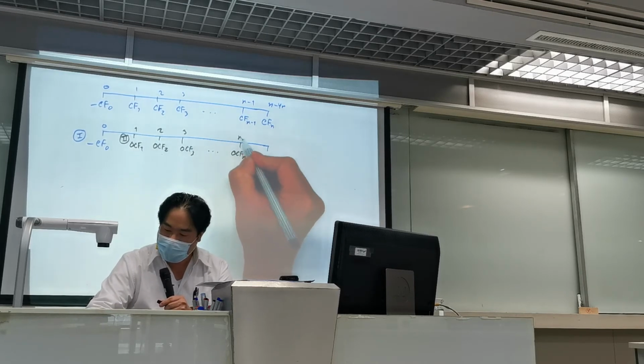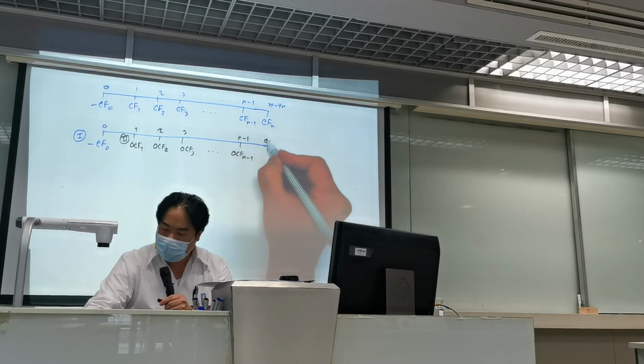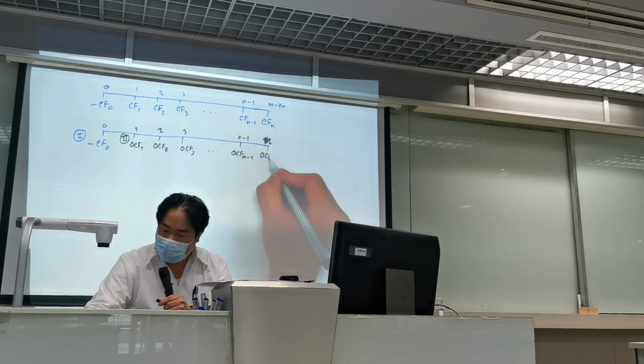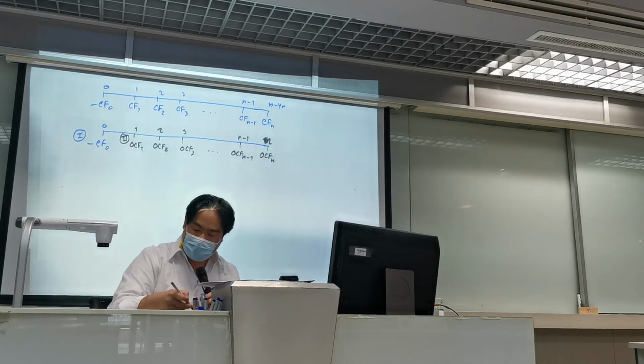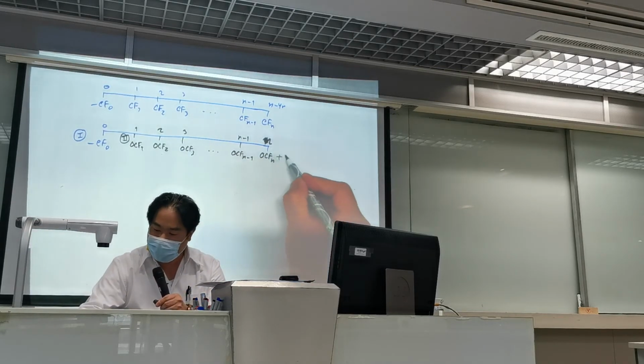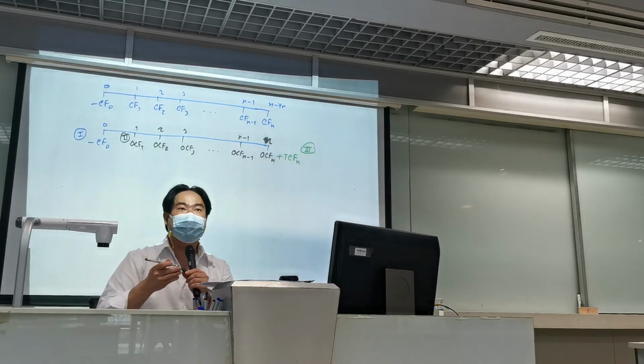OCF year before last year, and OCF for last year. Then you have the terminal cash flows. This is the cash flow of the third section here.